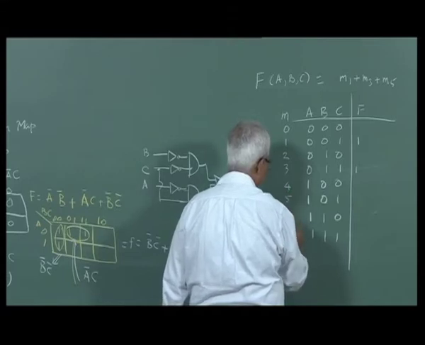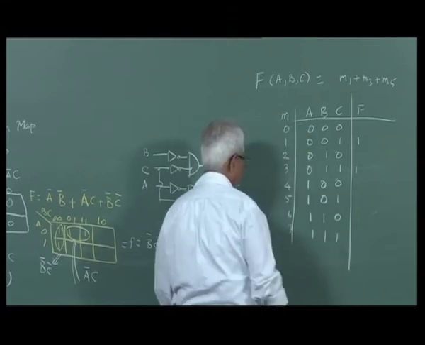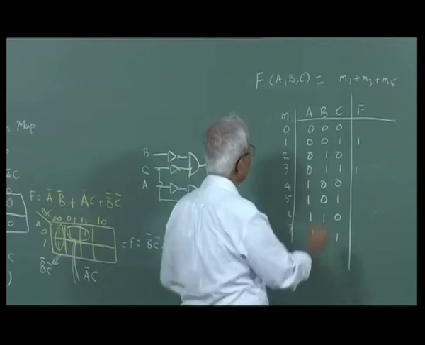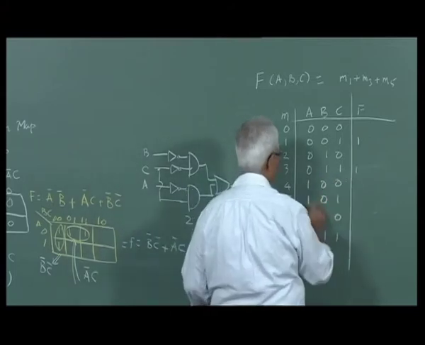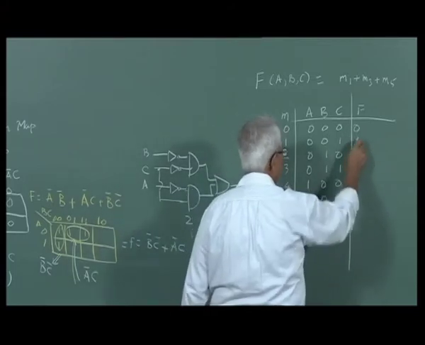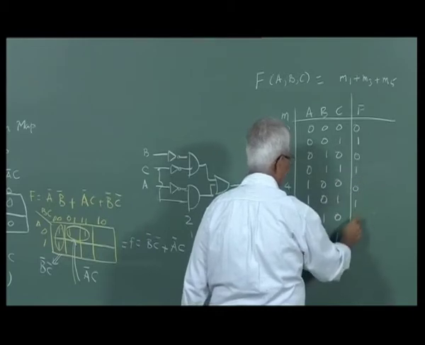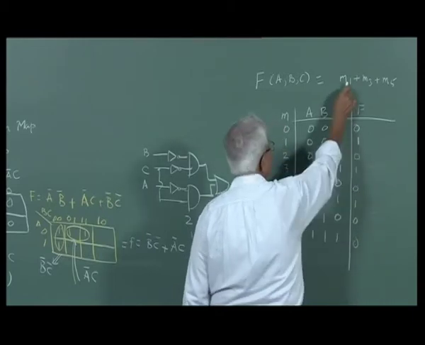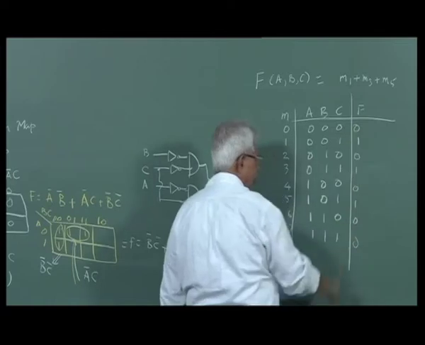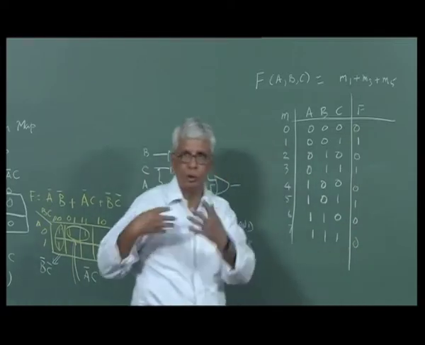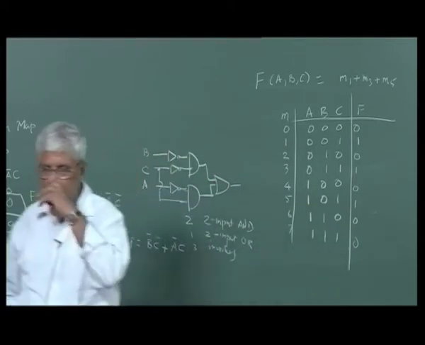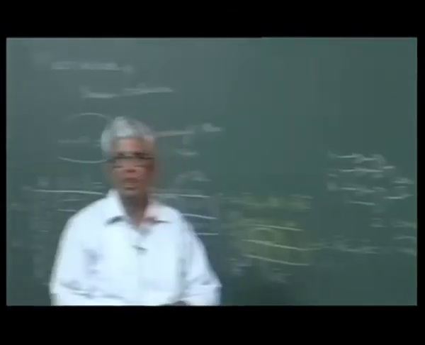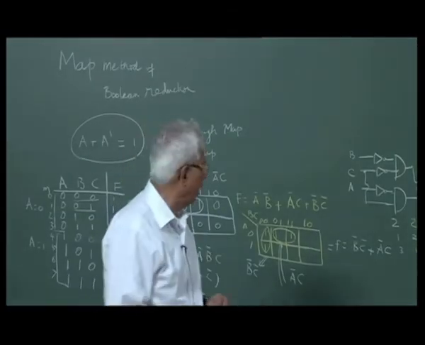You don't have to write it every time, we know it all. M1, M3 and M5, all the rest are zeros. If I say this, this is understood. The whole truth table, writing zeros and ones, all that is not required.